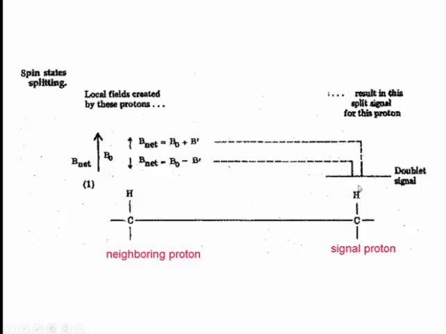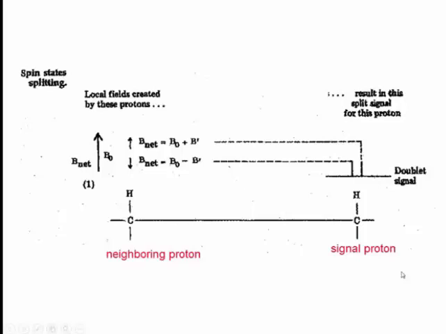Half of our 100 molecules, about 50, the signal proton will experience a local field for neighboring hydrogens that are spin up. The other half, around 50 molecules, will experience a local field for neighboring protons that are spin down. Consequently, our single proton being under two different local magnetic fields, it's going to create two different signals, a doublet.